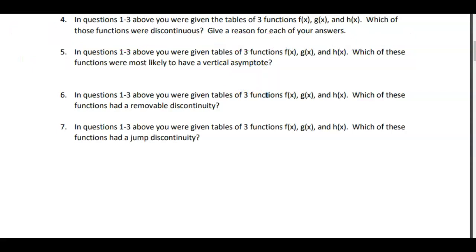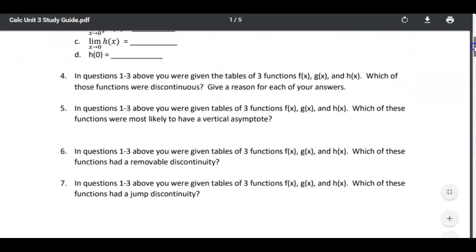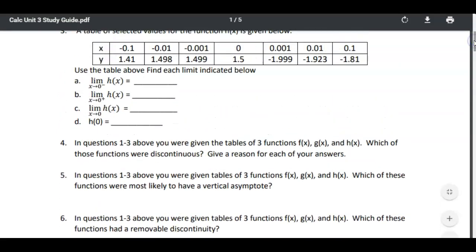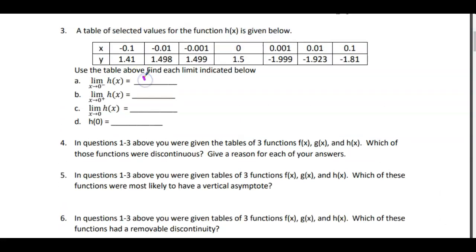In case you don't recall on that one, I'll zoom back really quick. Let's go back to number 3. On number 3, you might recall that the function equaled 1.5. But the problem is the limit from the left was 1.5, the limit from the right was negative 2. So that means that the limit did not exist, right? So even though the function existed, the limit did not.